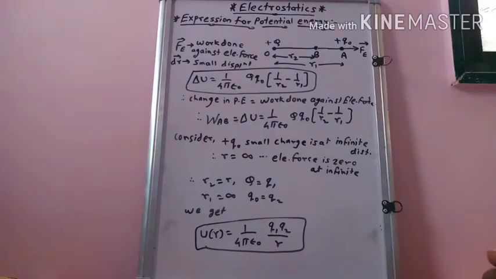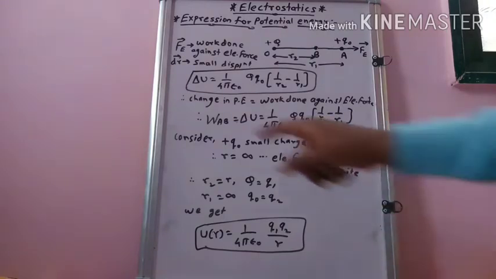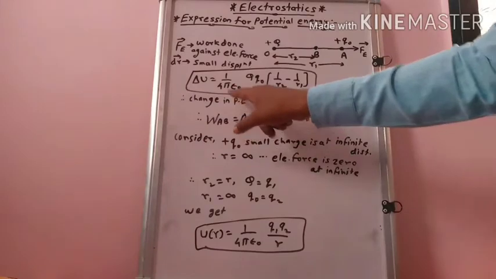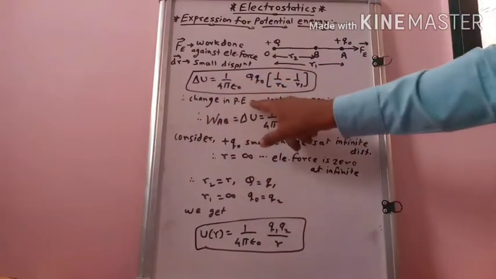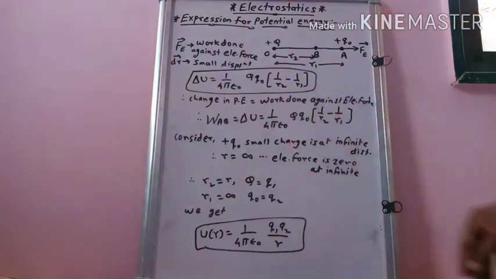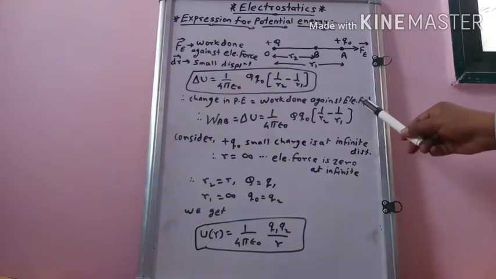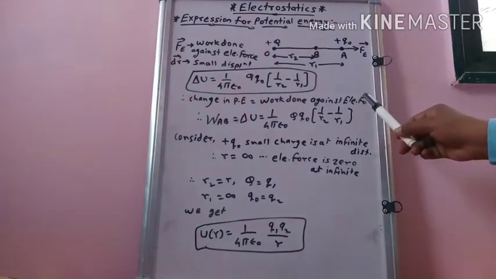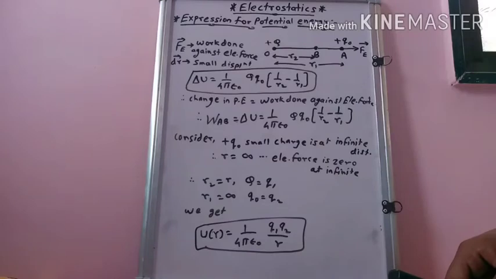This is also learned in electric potential and potential energy, in which we study the change in potential energy. That means this equation is equal to the work done against the electrostatic force.